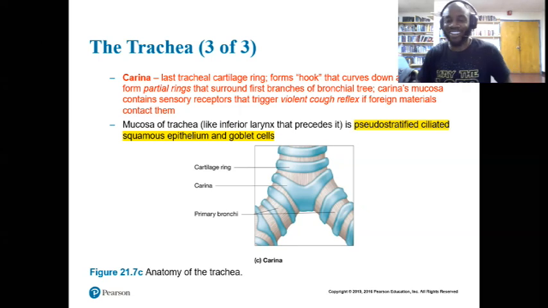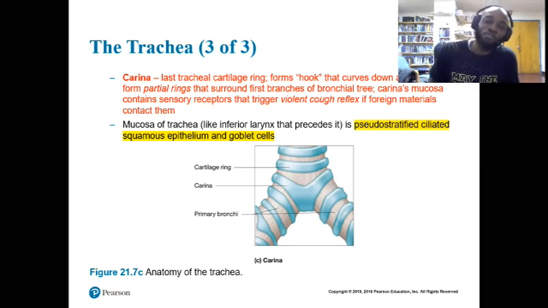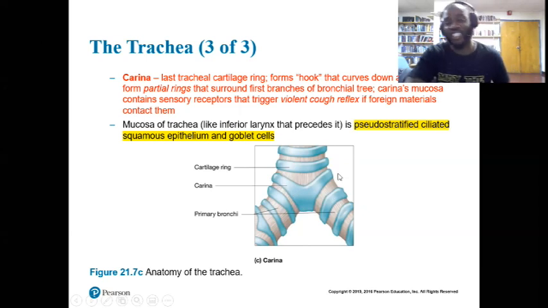A violent cough reflex. Right. So at that point, your body will violently react to try to remove the debris that gets into that point.